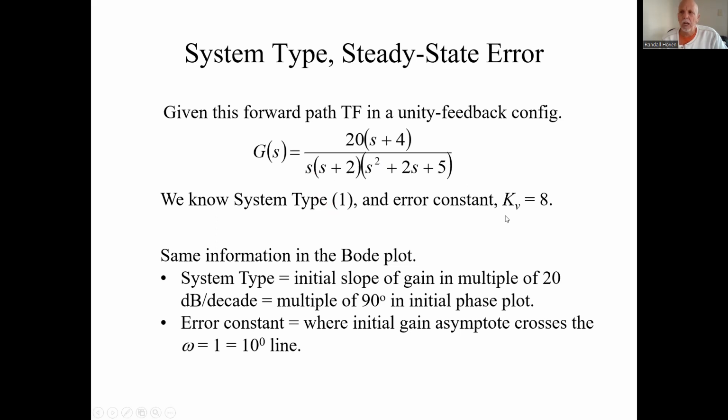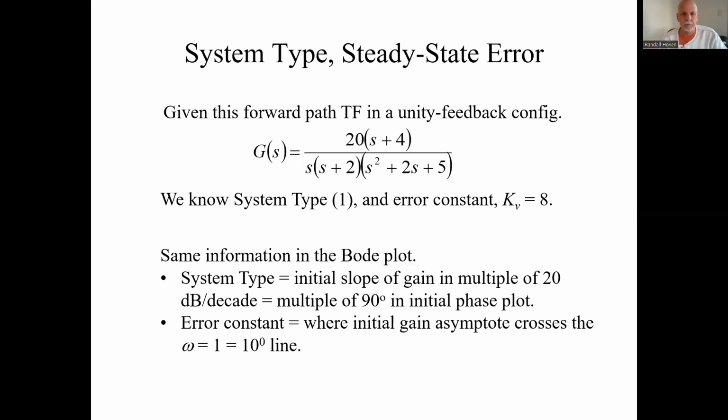And then we found the error constants by ignoring any poles at the origin and setting the other S's to 0. In this case, it's a type 1, so our error constant is going to be k sub v, or the error to a ramp, kind of a velocity error. And what is the k sub v? It's going to be 20 times 4 divided by 2 times 5, or 10, or 20 divided by 80 divided by 10, which is 8. This is not a log scale 8. This is just the actual error constant.